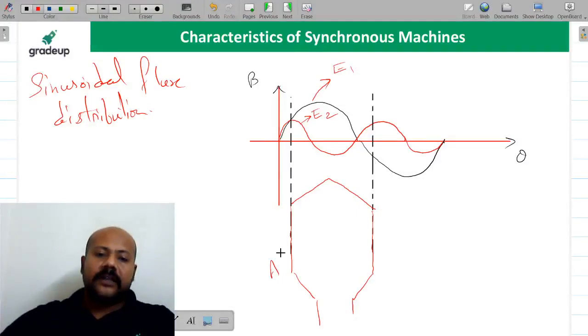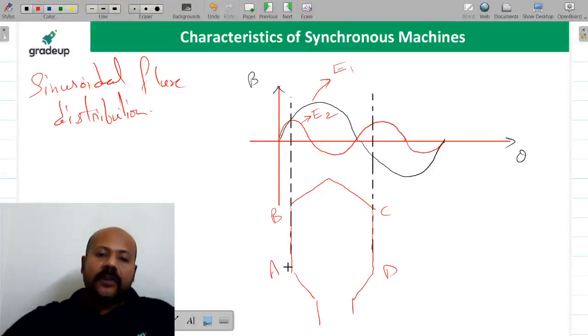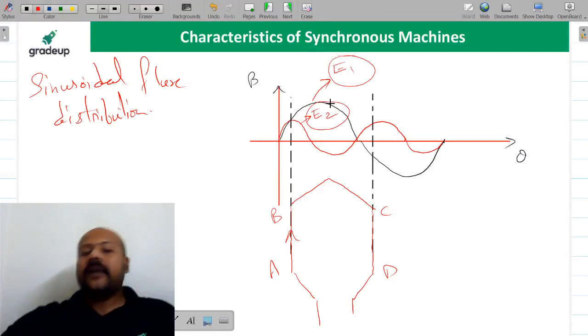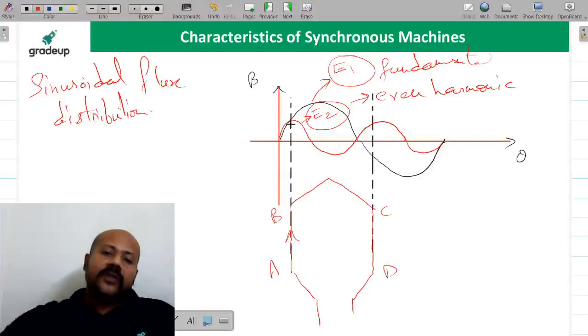This is one coil side, suppose A, B, and this is another coil side, suppose C, D. When you see this coil side, both the fundamental and the second harmonic, the even harmonic, are in the same phase. Yes or no? So the EMF induced is going to be in the same direction.